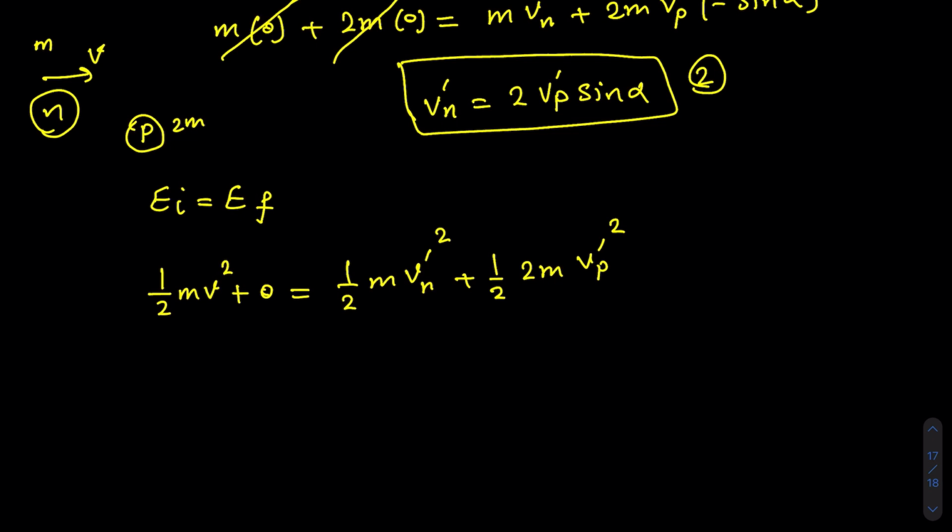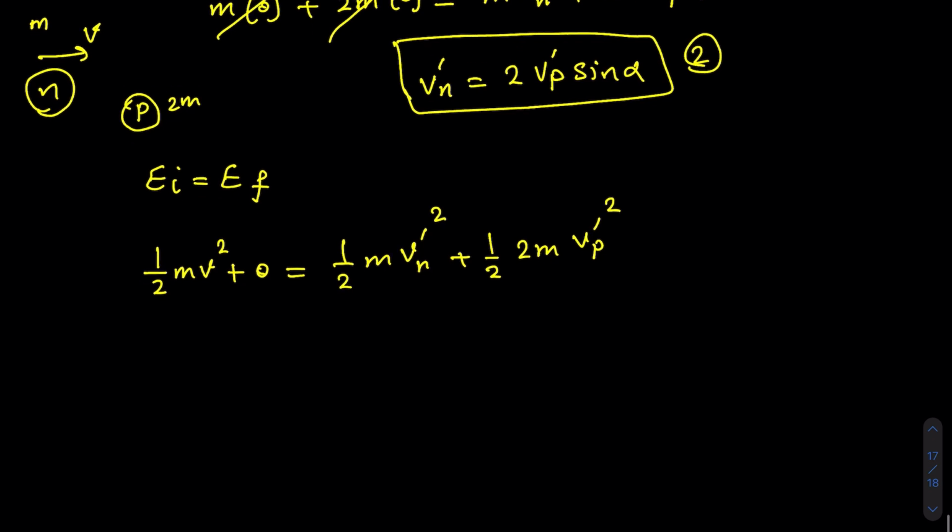Right, so this is the law of conservation of energy, and after simplifying it, we get v squared, the velocity of the nucleus before collision squared, equal to the velocity of the nucleus after collision squared, plus 2 times the velocity of the particle after collision squared.